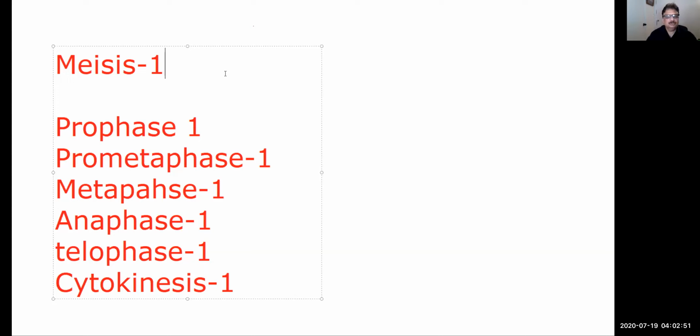So what happens in the reproductive organ: one of the cells will enter into meiosis 1, and then during the process, this will generate two cells.